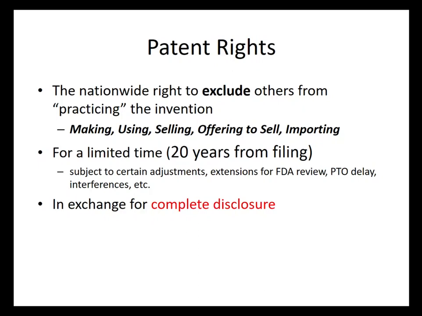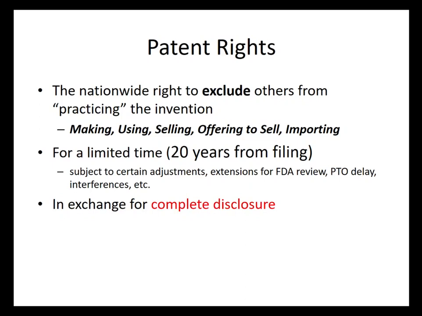This is very, very important wording. You have the right to exclude others from making, using, selling, offering to sell, or importing the invention. And you typically have that for 20 years. In some other applications, you can extend that, but it's typically 20 years. And that is all given to you in exchange for complete disclosure.